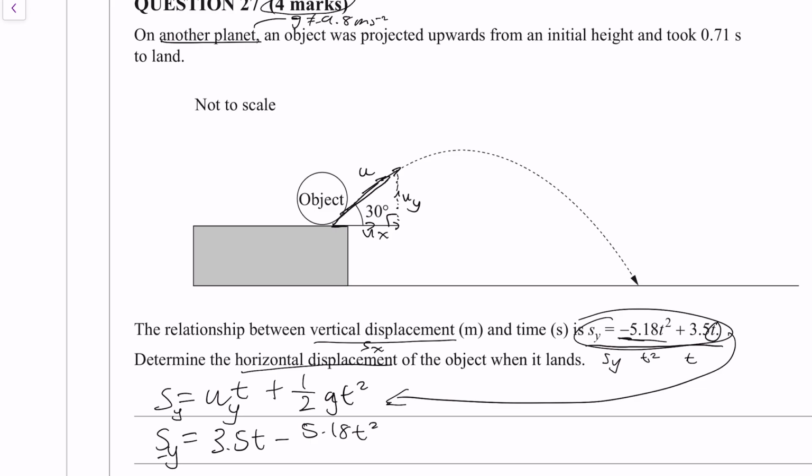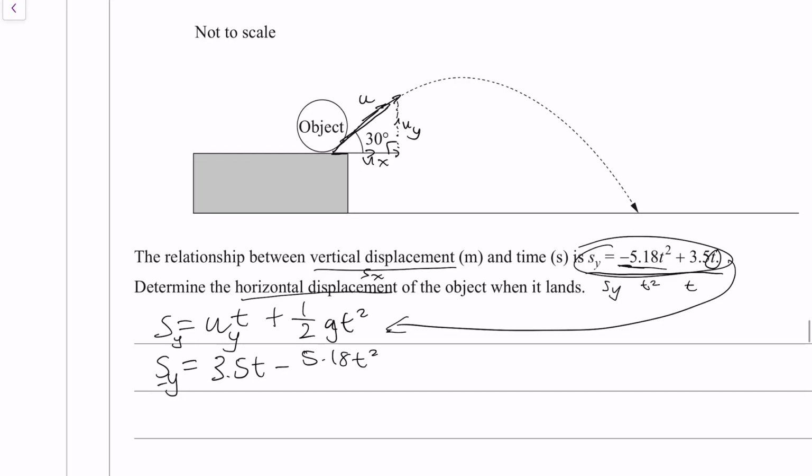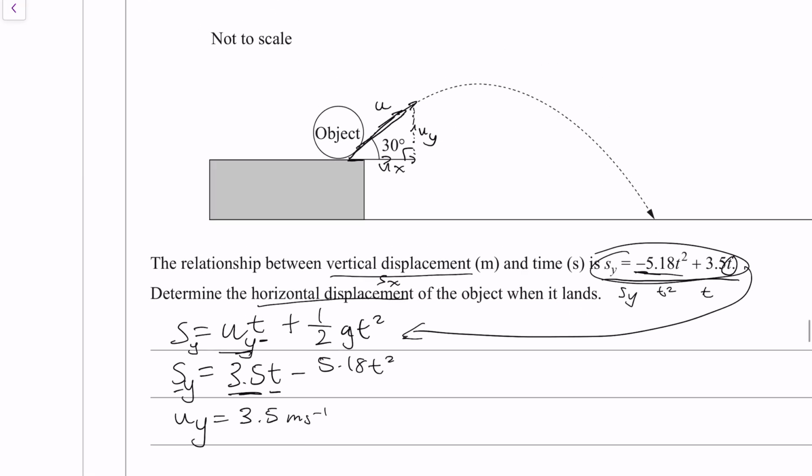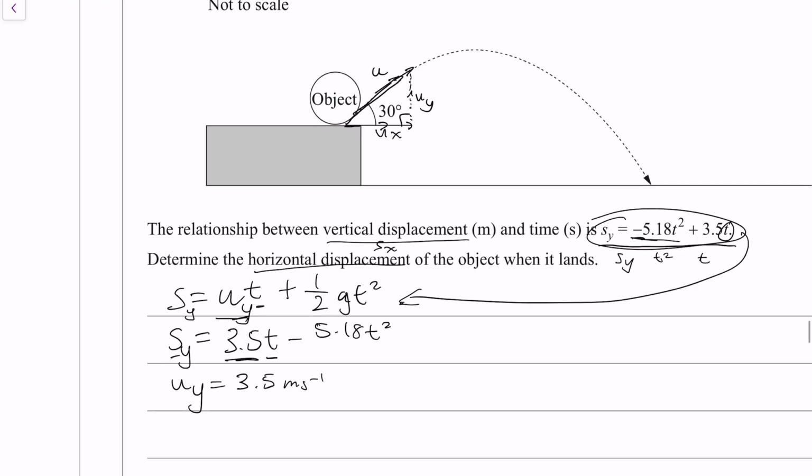So what happens now is that I can see a relationship between these two formulas. I know that if I have t here and a t here, and I have my uy and a 3.5, then I can imply that uy is actually equal to 3.5 meters per second, because they're equivalent.